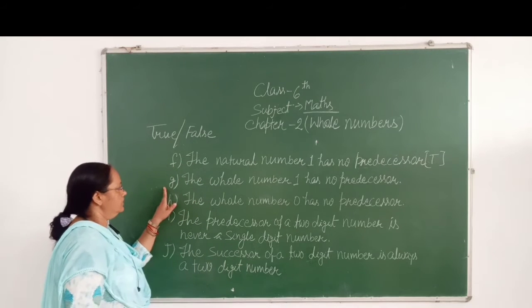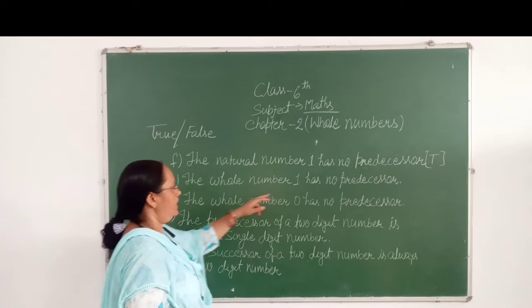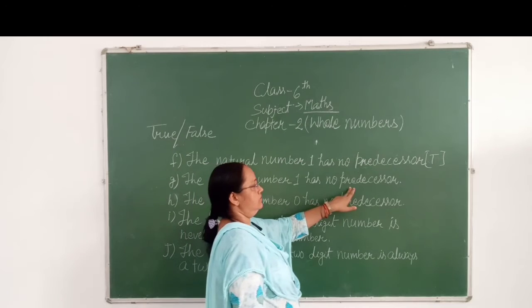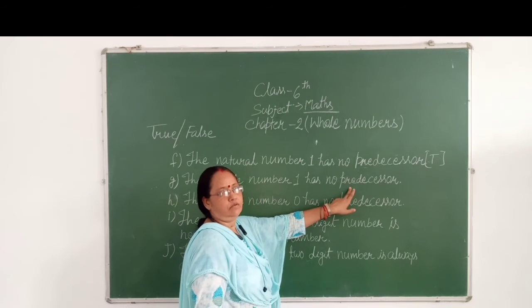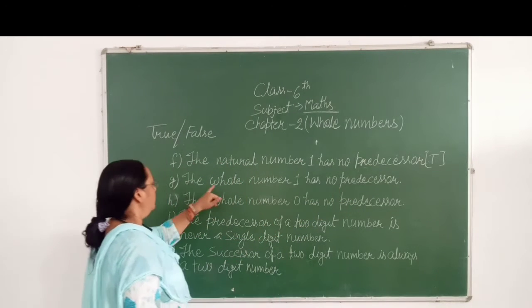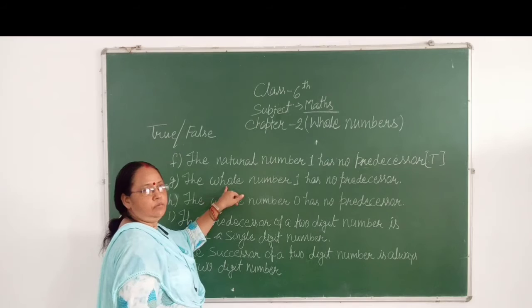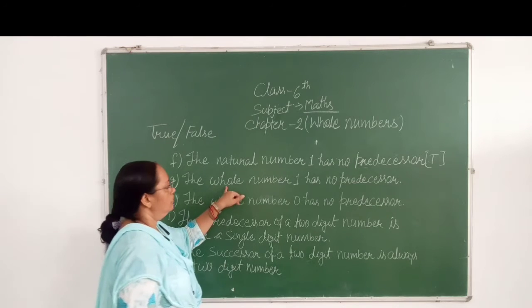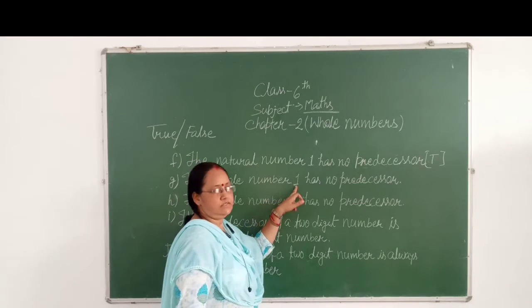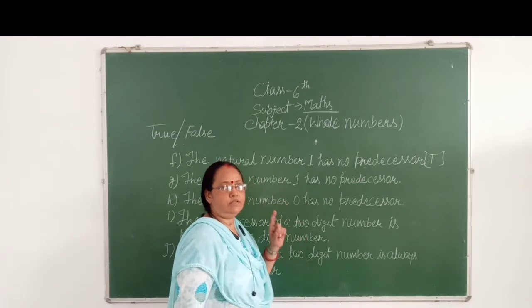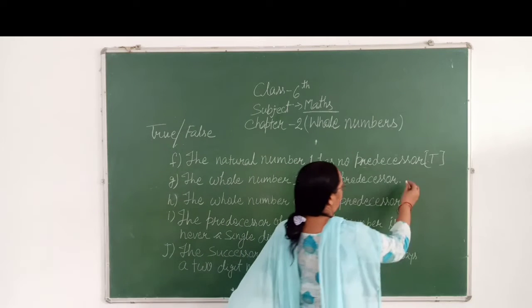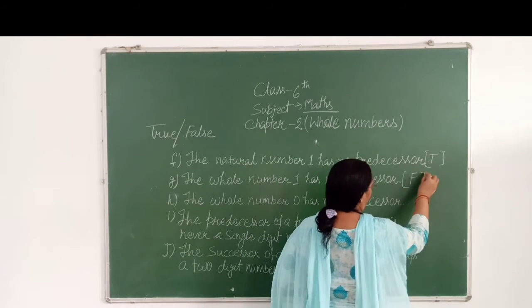Question number G. The whole number 1 has no predecessor. This is a false statement because the whole numbers begin with 0. So whole number 1 has one predecessor, that is 0. So this statement is false.